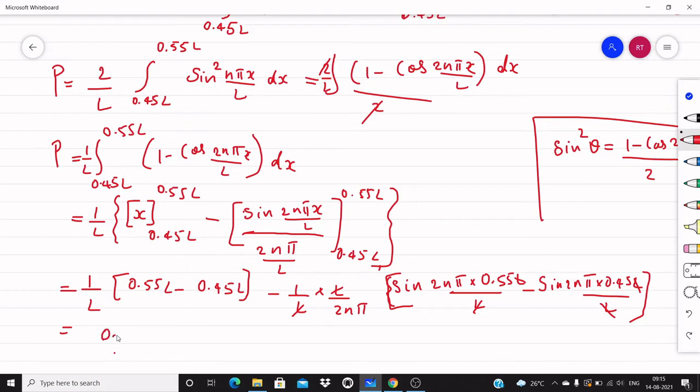Let me write the difference. 0.1 L by L, minus the constant 1 by 2 n pi, into sine 2 n pi 0.55 minus sine 2 n pi 0.45.